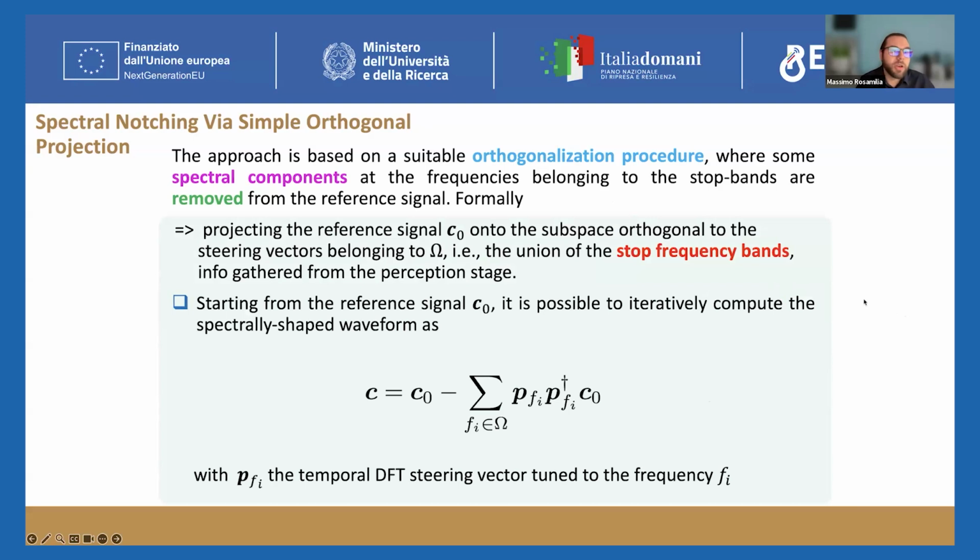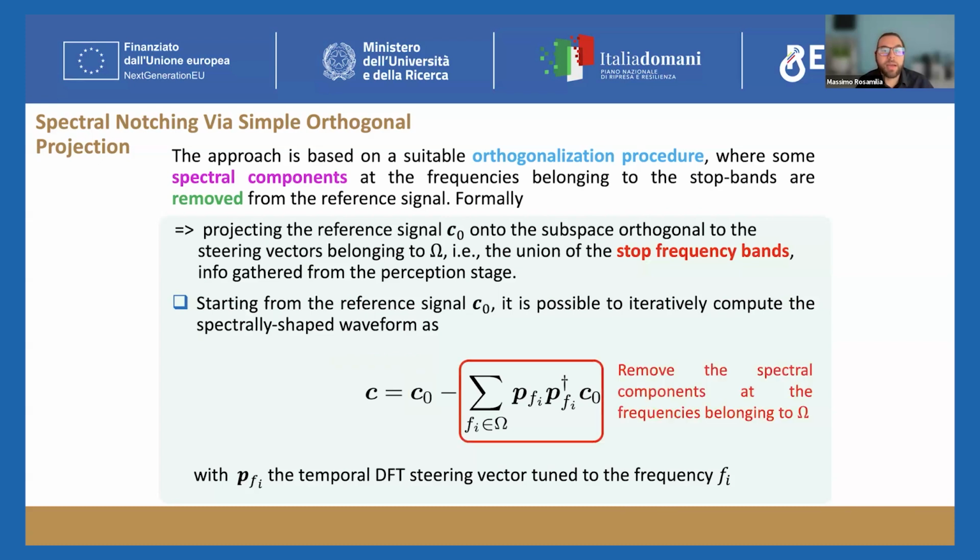The procedure to design such a waveform is actually quite simple. Starting from the reference signal C0, it is possible to iteratively compute the spectrally shaped waveform by removing the spectral components at the frequencies belonging to omega.